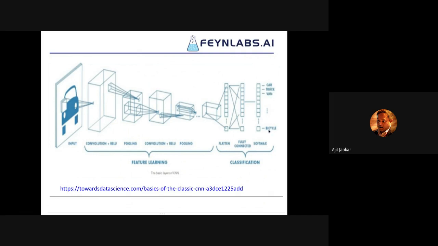So the main difference of a convolutional neural network is the feature detection aspect of it, meaning it is a neural network built on top of other neural networks, and in doing so, it is able to identify the features inside that.